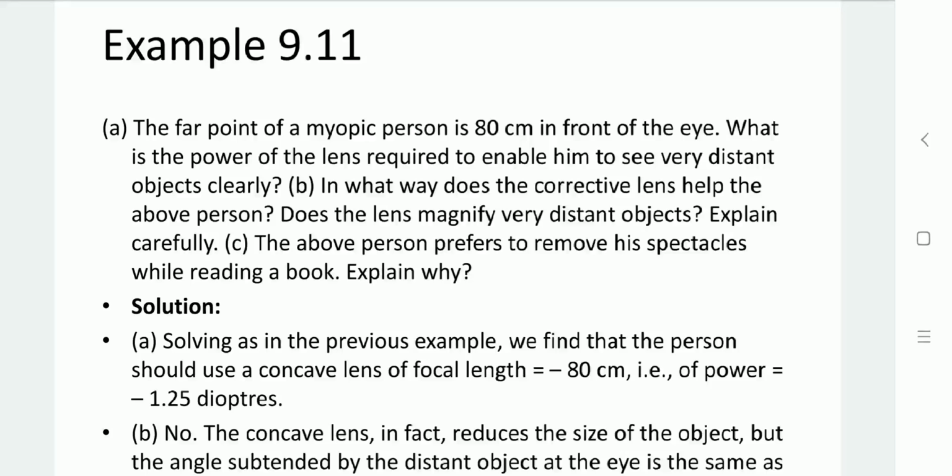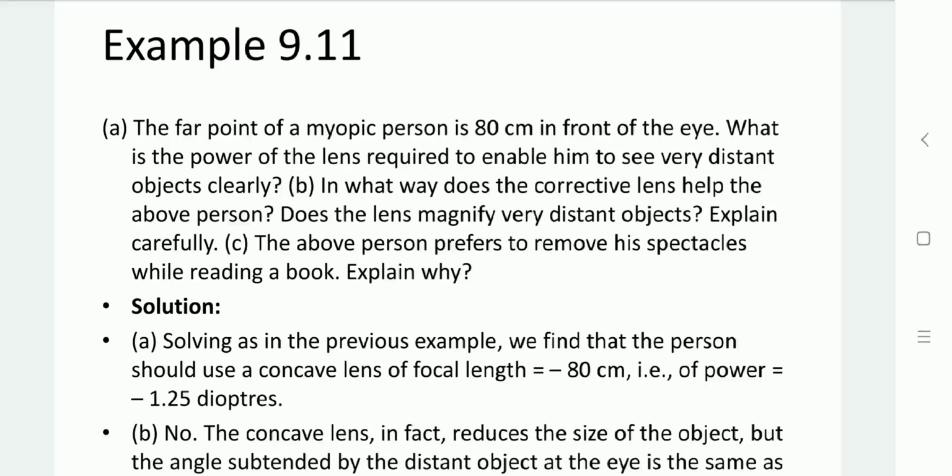So the eye is able to see the distant objects because the corrective lens produces a virtual image at the far point of the eye. Then it can be focused by the eye lens onto the retina.